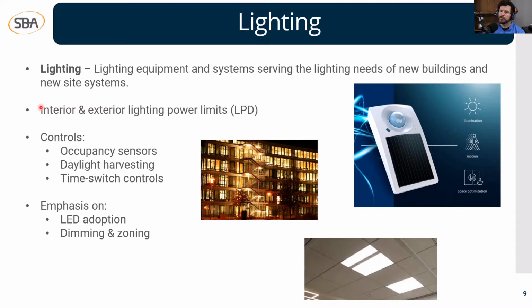And you also don't need a zone or room to be as bright as it can be sometimes, and therefore a dimmer switch can be very useful from an energy saving standpoint. One of my favorite improvements is that time switch control. It ensures lights turn off after hours. Something so simple, but sadly a lot of times overlooked.